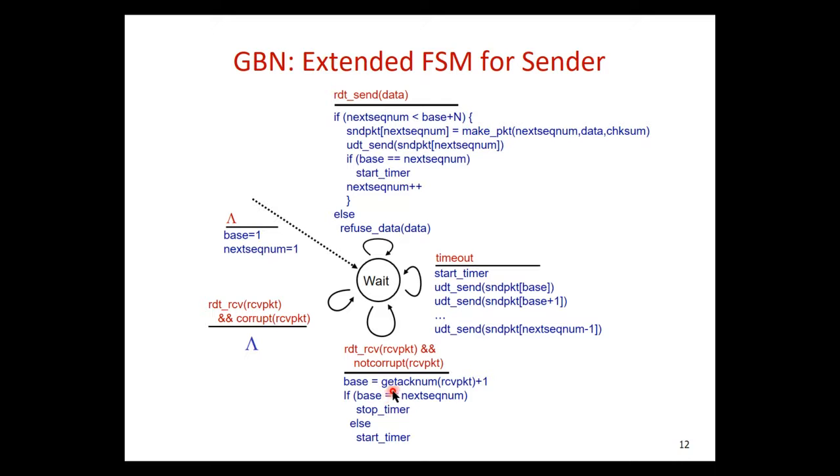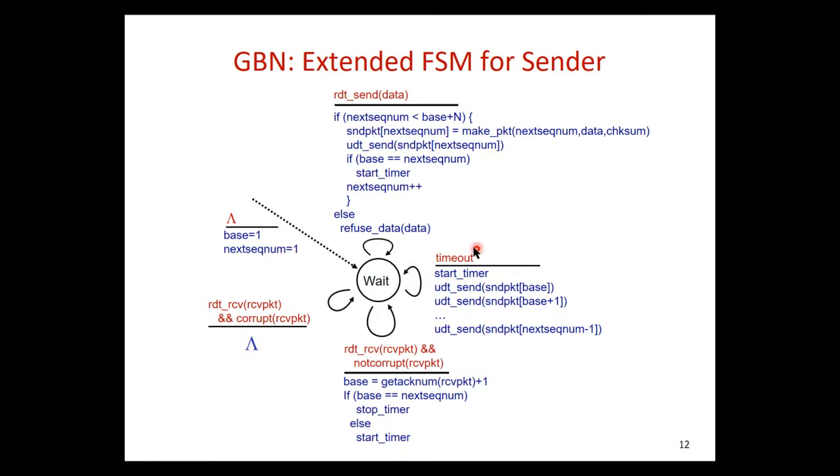There was one yellow packet, and it has been acknowledged. There's no more yellow packet in the window, so it should stop the timer. There's no unacknowledged packet, so there should be no timer. Stop the timer. If not, then it should start the timer, because now packet 1 has been acknowledged, and packet 1 is no longer the oldest unacknowledged packet. Now it's packet 2. So it's going to start the timer for packet 2. Okay.